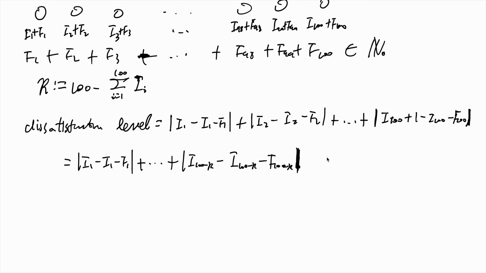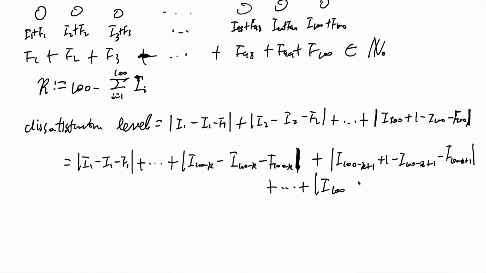We have plus I sub 100 minus r plus 1, plus 1 minus, plus dot dot dot plus until we get I sub 100 minus r plus r, which is 100, minus r plus 1 minus f of 100. So let's simplify this.